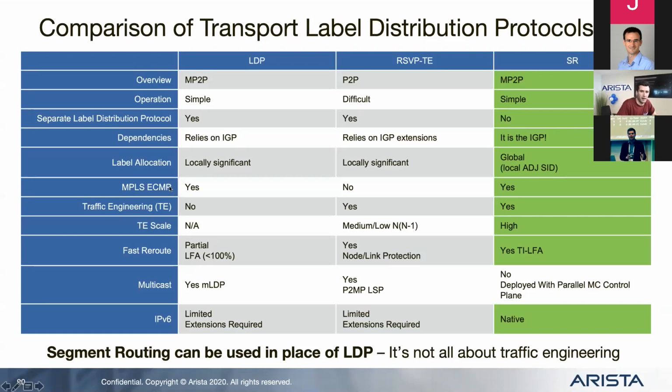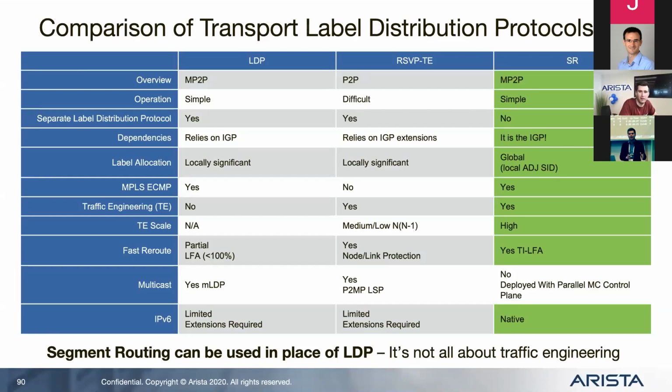We have native ECMP, native ability to use multiple paths in the network, and also support for traffic engineering. Once we've removed all of the state within the network itself, the traffic engineering scale becomes huge, because we're taking that state out of the network and we're then programming it into the header of the forwarding plane, and we're not having to keep the state within the network itself. The state is retained within the controller.